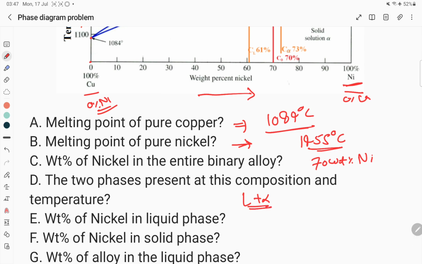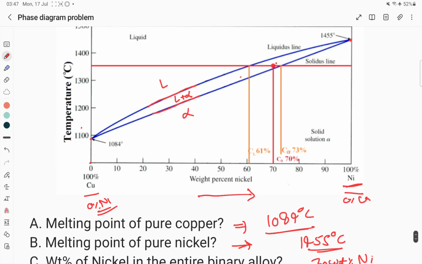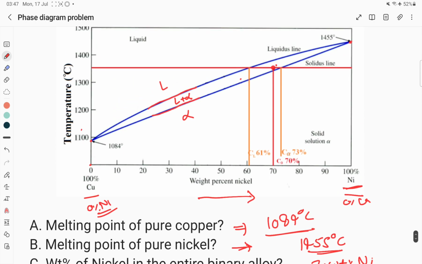Now the next question is the weight percent of nickel in the liquid phase and in the solid phase. You have to identify the composition in the liquid phase as well as in the solid phase, so you have to draw the tie line at this temperature. This tie line cuts the liquidus and the solidus. At the liquidus it cuts around 61% nickel, and at the solidus at 73 weight percent nickel.